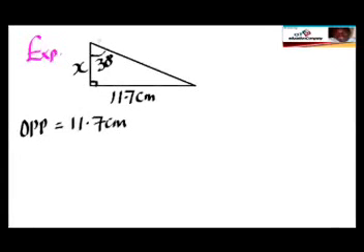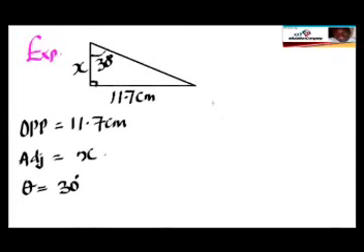The other side, which is the longest, remember, is the hypotenuse. It's not given in the question, so we have nothing to do with the hypotenuse. The adjacent, ADJ, is x in this case. Theta is given as 30 degrees.